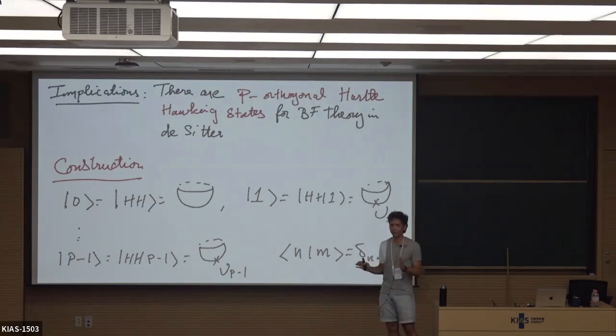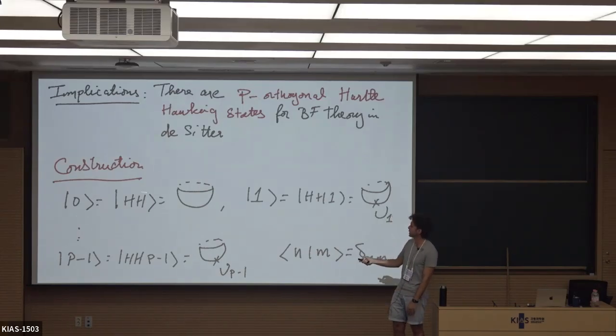Because it's a topological theory, the Hamiltonian is 0. The theory is a theory of ground states, so all of these states have the same energy. If they have the same energy, then these are degenerate states, in some symmetry algebra.